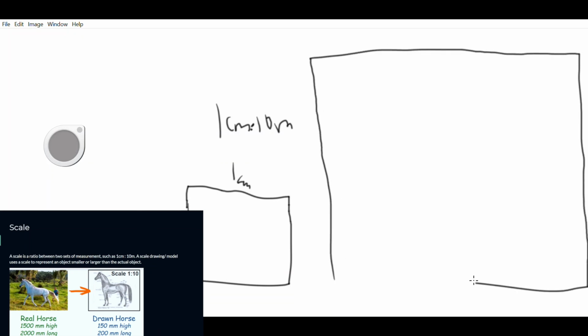It would instead be 10 meters by 10 meters, and that would be the correct scale. So think of this as a scale drawing, and think of this as the object, or scale drawing slash model.